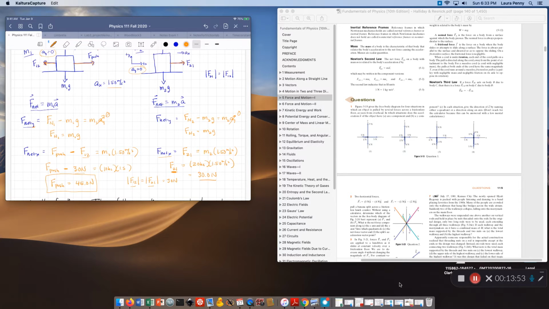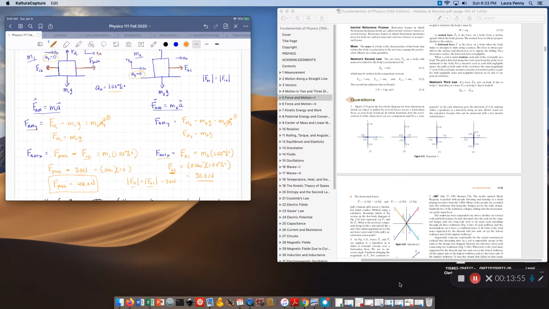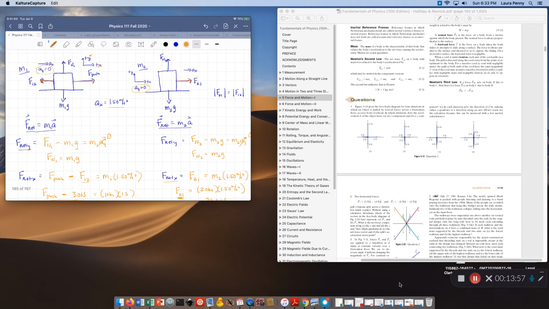And then I look at that and I think, does that make sense? If I go back and I look at my diagrams, F push is 45 newtons, F12 is 30 newtons, and so is F21. So the net x force on mass 1 is 45 minus 30 newtons, or 15 newtons.